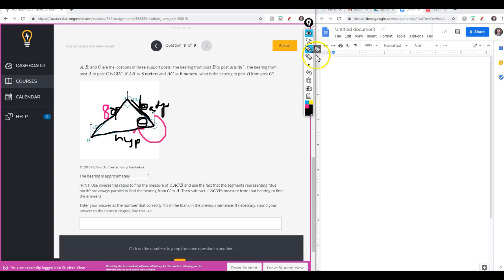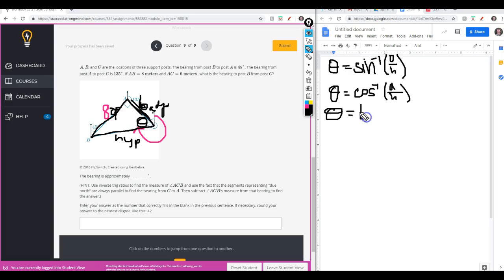So then again, I'm going to remember that if I'm finding an angle, I could use the sine inverse of the opposite over the hypotenuse side length to find my angle. Or I could use the cosine inverse of the adjacent side length divided by the hypotenuse side length. Or I could use the tangent inverse of the opposite side length divided by the adjacent side length to find the angle.